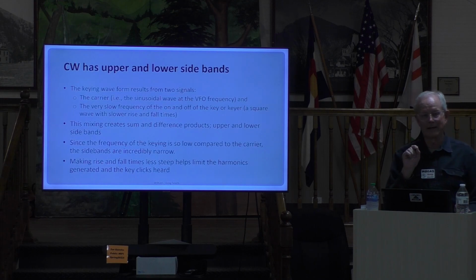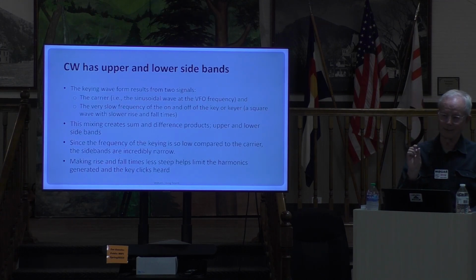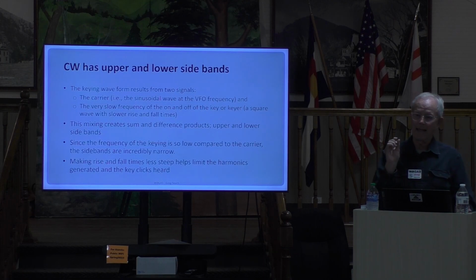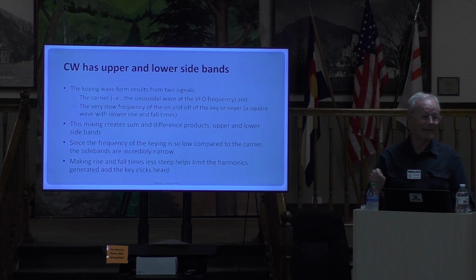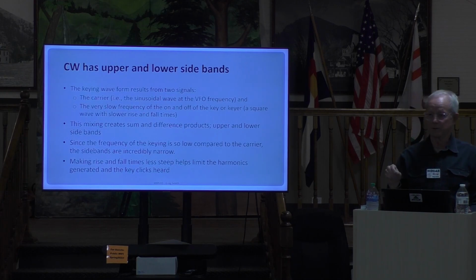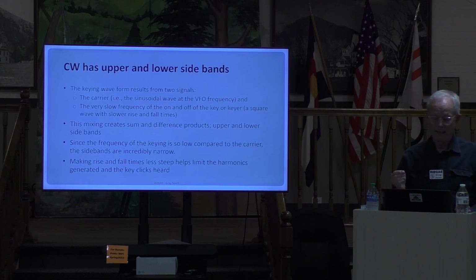And oddly enough, CW actually is transmitted either upper or lower sideband. Now, the sidebands are incredibly narrow. And part of that is due to the very slow frequency of the keying, whether you use a straight key or a keyer to turn it on and off.